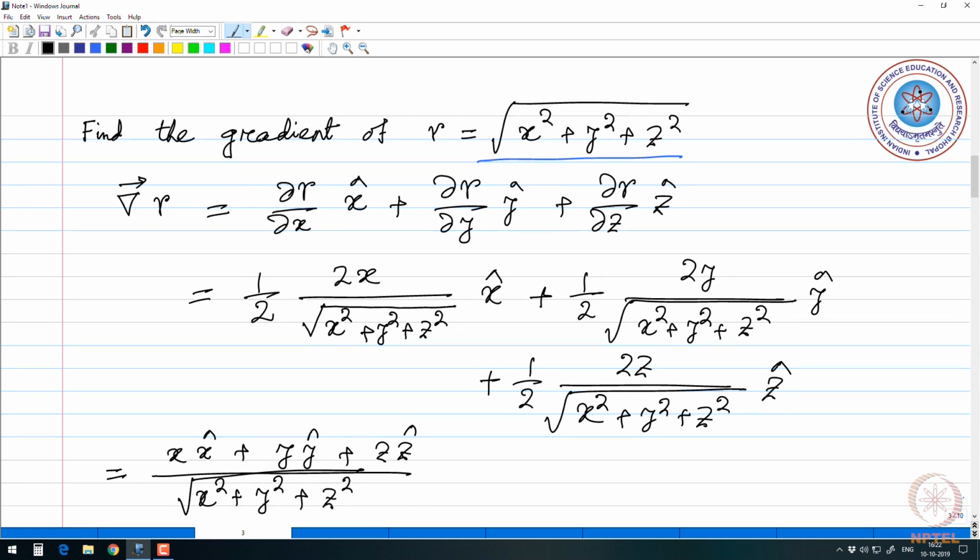So the numerator is nothing but the r vector over the denominator, the magnitude of r. That means the gradient of the scalar magnitude of the position vector gives us the direction of r, that is the unit vector along the position vector r.